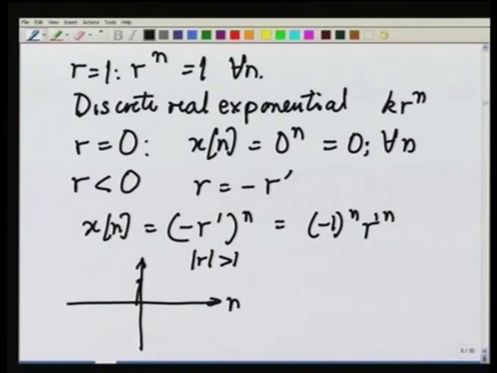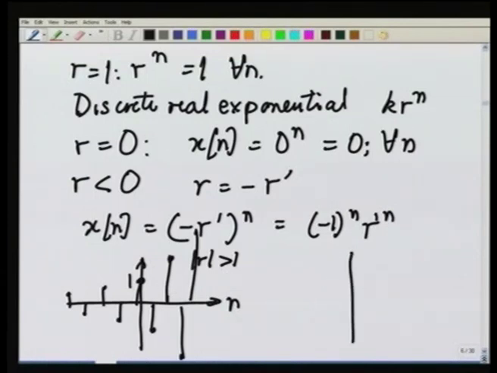This remains equal to unity. This is what we would get, towards the right and towards the left, for mod r greater than 1.